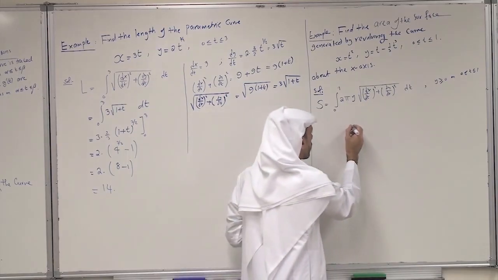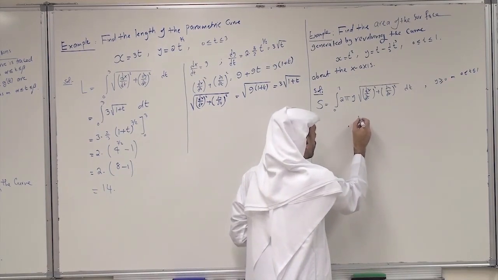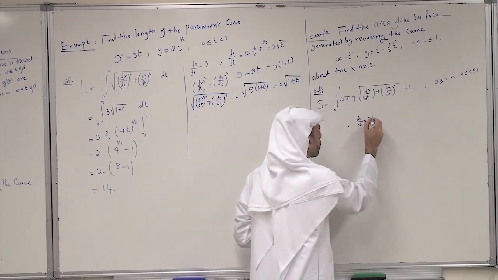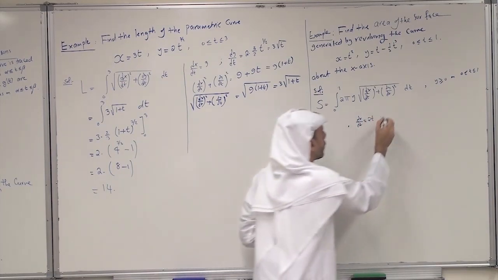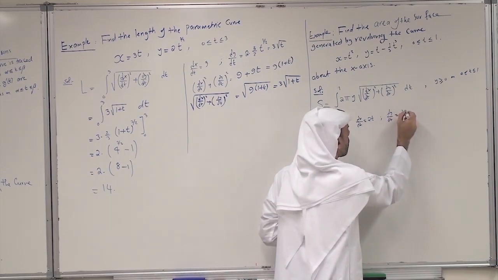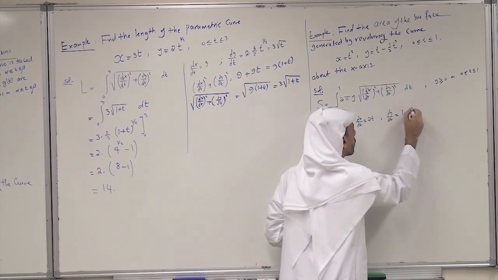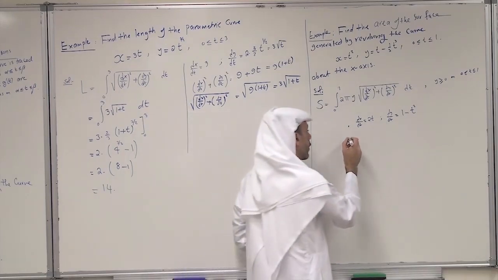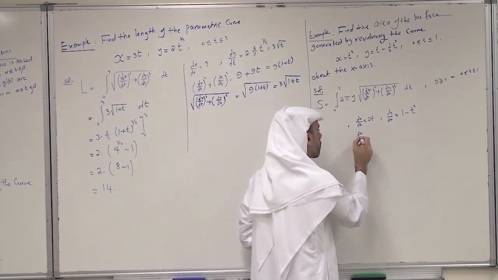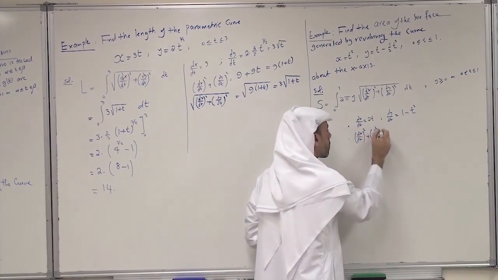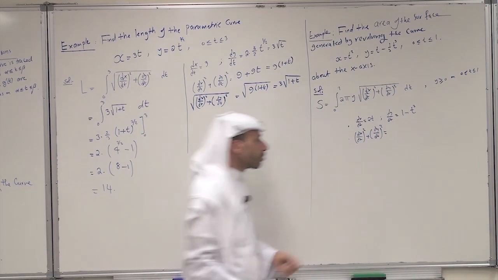Here, dx/dt, just the derivative, equals 2t, and dy/dt equals 1 minus t squared. Square and add: dx/dt squared plus dy/dt squared.